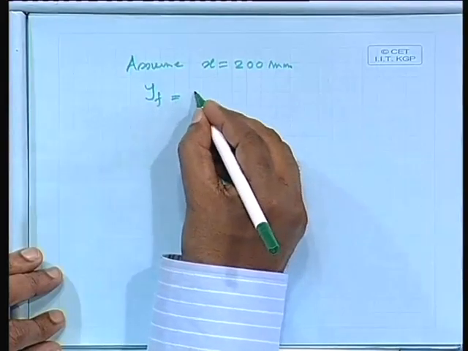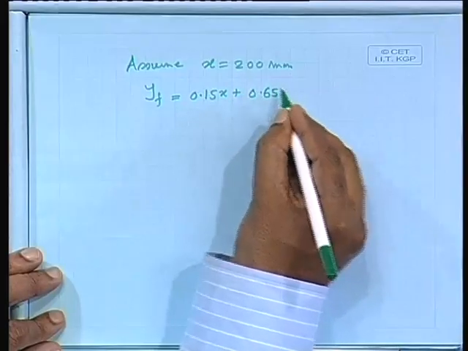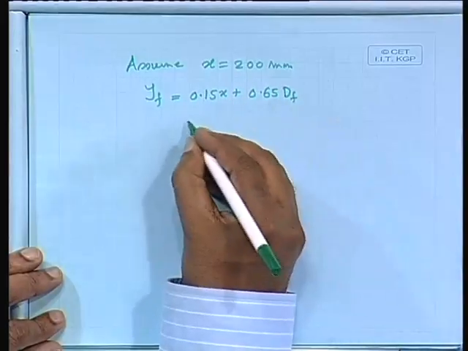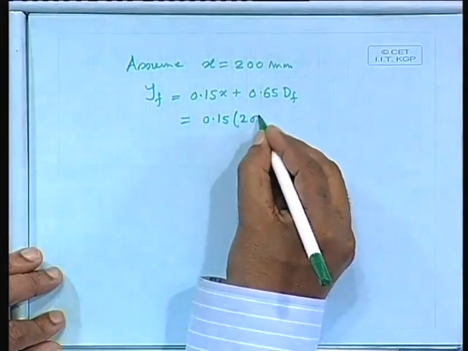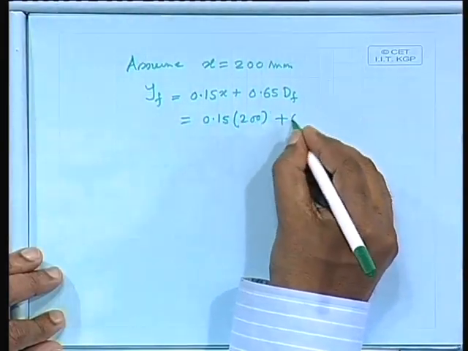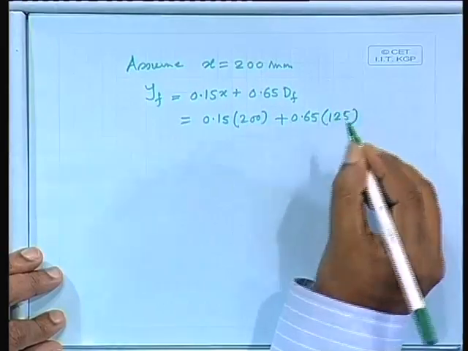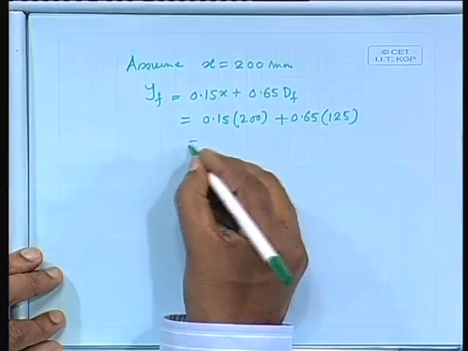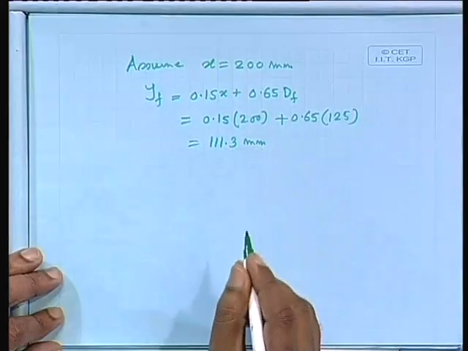YF equal to 0.15x plus 0.65 df equals 0.15 times 200 plus 0.65 times 125 equals 111.3 millimeter.